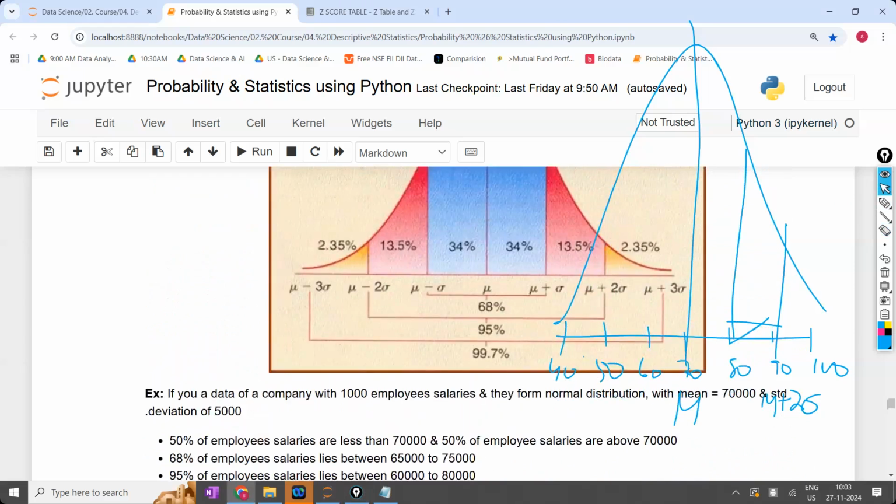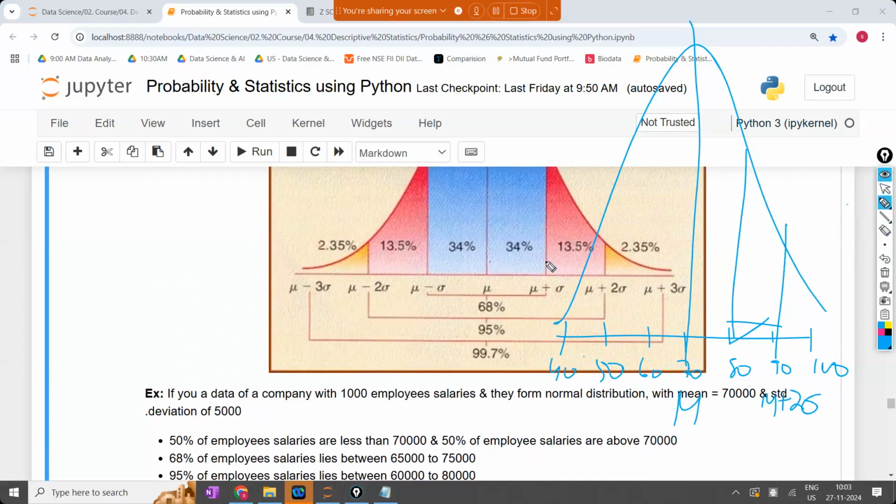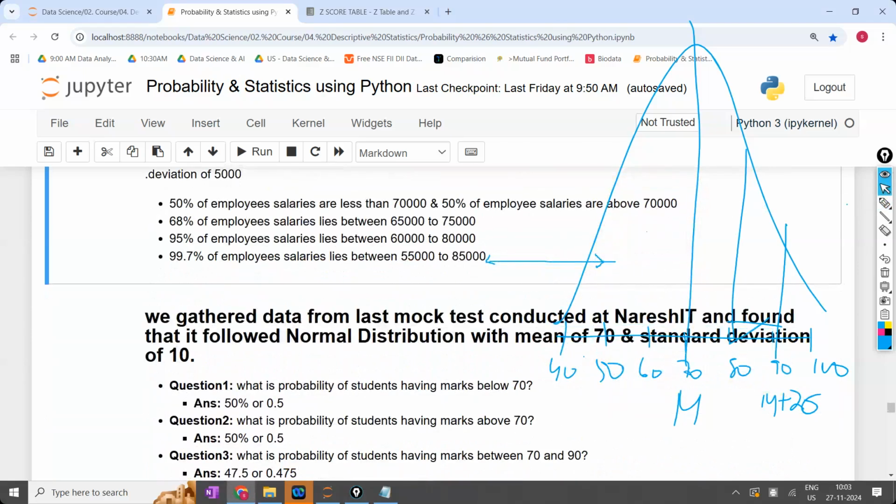Mu to mu plus sigma is 34, and then up to mu plus 2 sigma. What is the total? 34 plus 13.5, which is 47.5. Answer is clear. 0.475 is the answer.